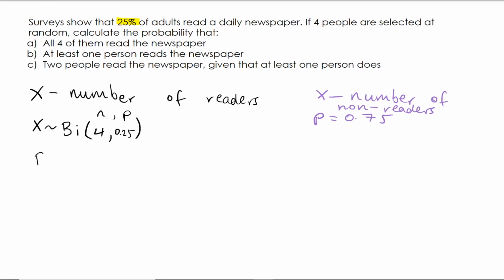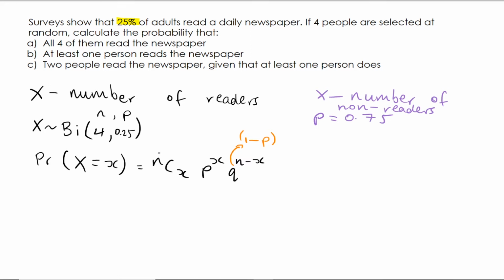Now that that's out of the way, let's go ahead and do this. We have the probability that X equals x, I'll just write out the formula first, is nCx P to the x Q to the n minus x. And remember, Q is just 1 minus P, so you could just write 1 minus P in there if you prefer.